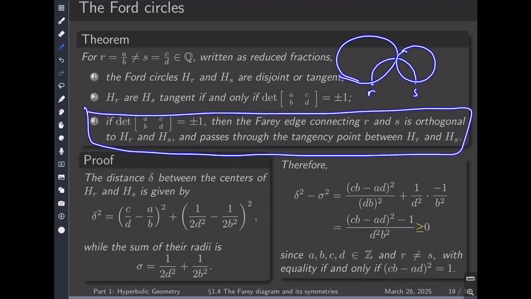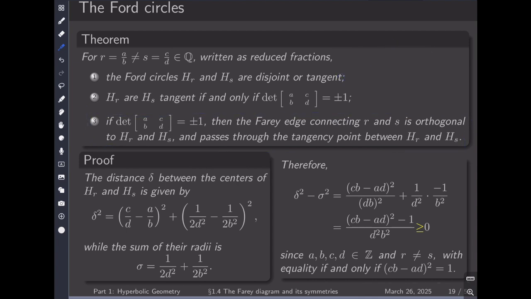So in other words, the Ford circles configuration is completely compatible with the Farey diagram configuration. And of course it's orthogonal to both of them, because tangents are orthogonal, and in the other point of tangency it's also orthogonal to them.